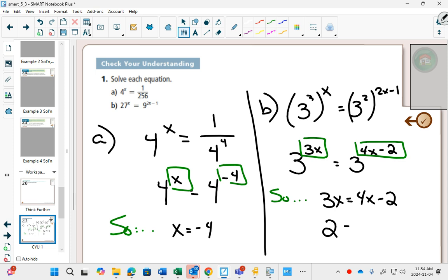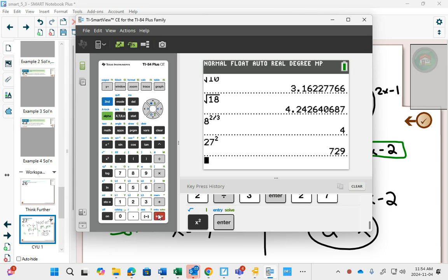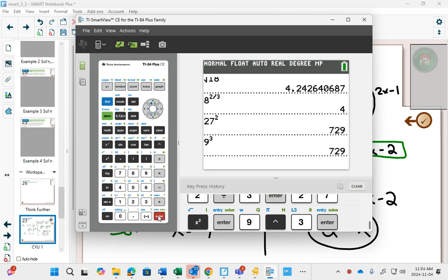You move the 2 to this side, the 3x to this side. We get that x has to equal 2. And you can double check this with your calculator. Let's try it. 27 squared would be 729, and 9 to the power of 4 minus 1 will be 3. Do these come out to the same number? They do. Very cool.